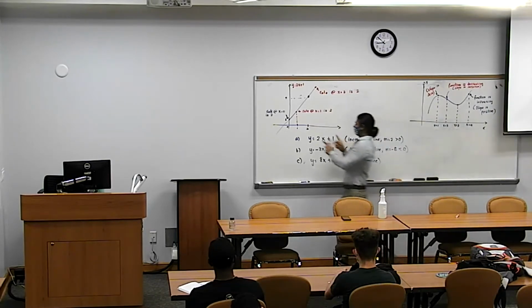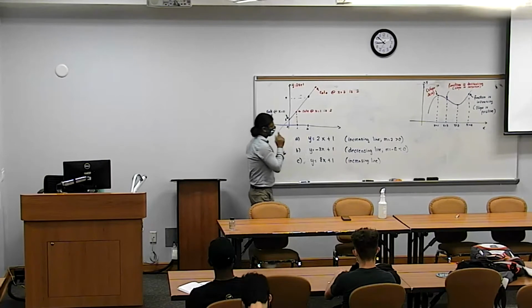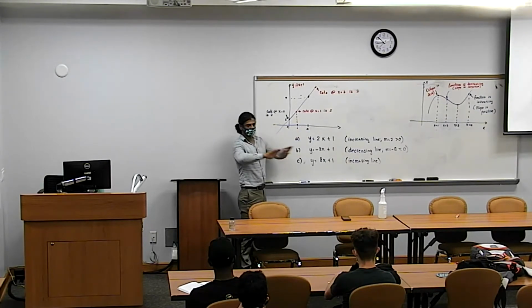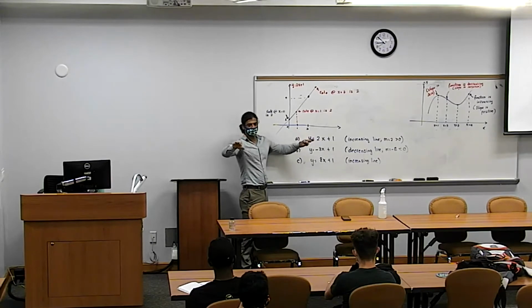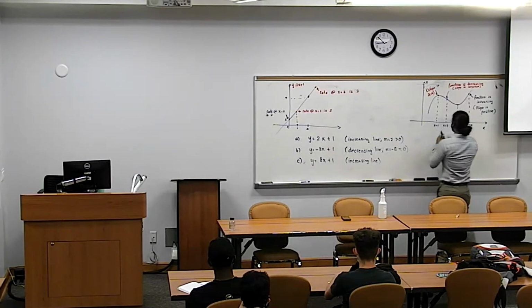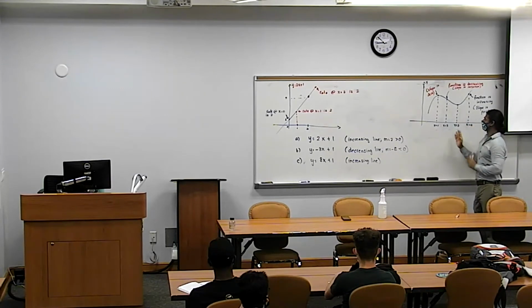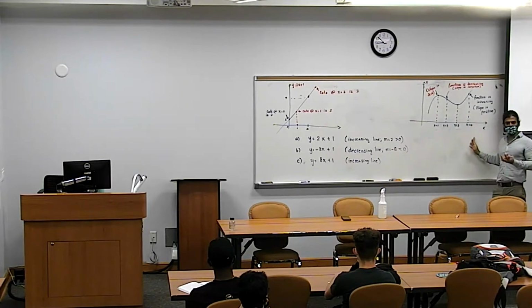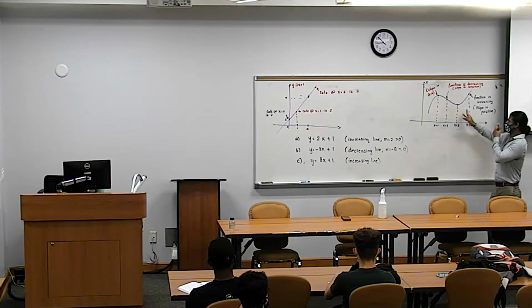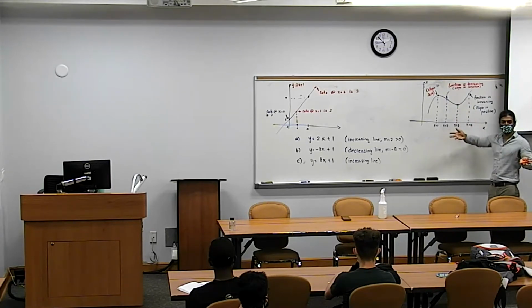If you look at a line, no matter where you look in the domain of the function, the slope is the same. But if you look at a different function, the slope is not the same in the domain of the function. In some places it is positive, in some places it is 0, in other places negative.